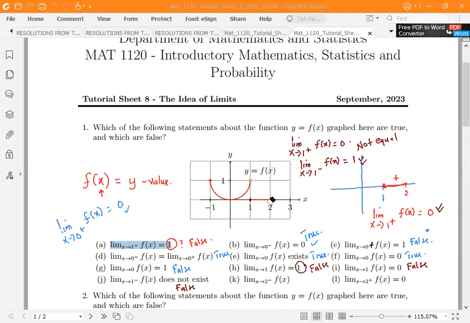So that's what I'm saying. As x approaches 1 from 2, which is from right, the y value is 0. Also, we don't consider exactly at 1. I'm seeing the open point there. Where is it closed? There's a line that is closed at 1, at (1,0).